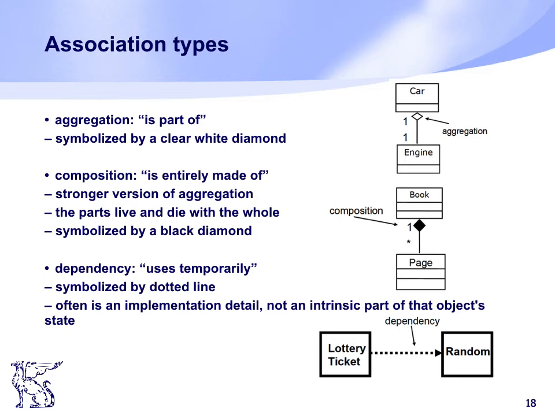So car is the whole object or the aggregated object, and the motor is a part of the car. In both aggregation and composition, an object of one class owns objects of another class. But there is a difference.